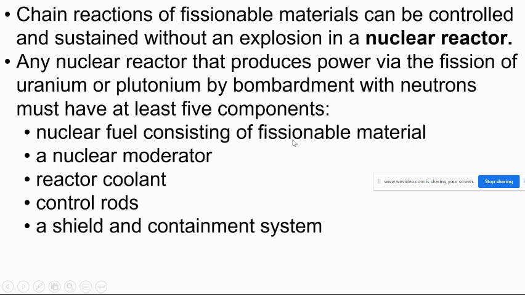We have to have a nuclear fuel that has enough fissionable material in it. They have to have a moderator which will slow down those chain reactions. They have to have a reactor coolant so the thing doesn't get too hot, the control rods, and then they have to have shielding and containment. You don't want that nuclear radiation getting out into the environment.